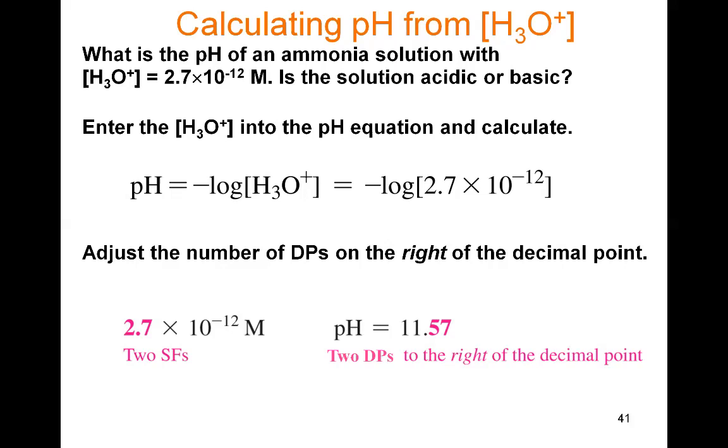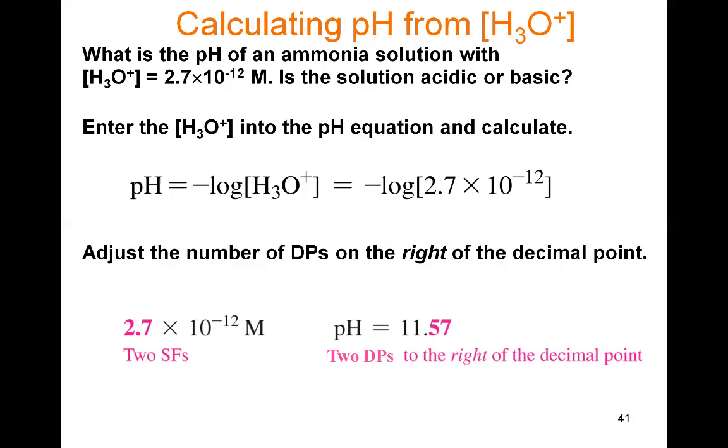Remember that it's the decimal places only that matter, and we should keep as many decimal places as we have sig figs in the concentration. The concentration had 2 sig figs, the 2 and the 7. So 2 sig figs means we will keep 2 decimal places to the right of the decimal point.